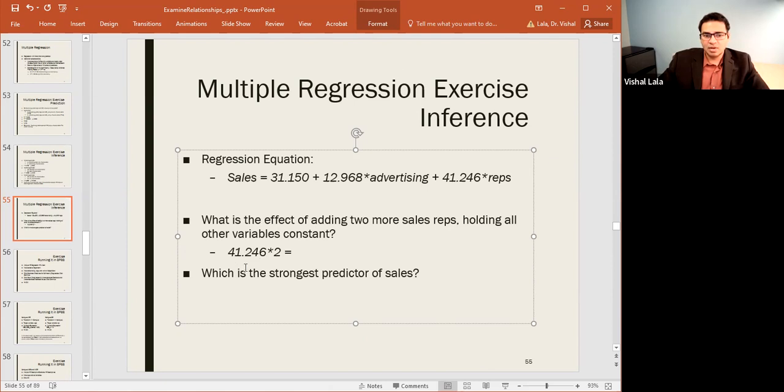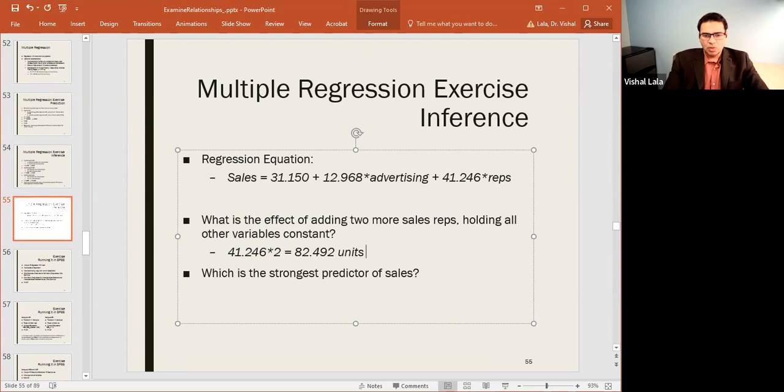Do this math. The number is coming up 82.492. I'll plug that in here.